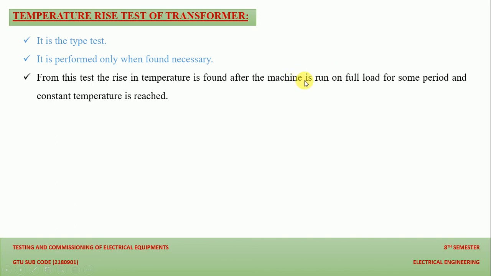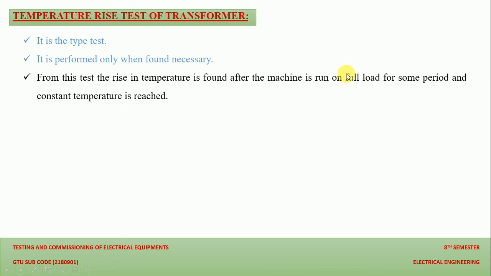After certain use, through heating and cooling of the oil, the oil will become thin, and the insulation resistance of the oil will also get reduced.